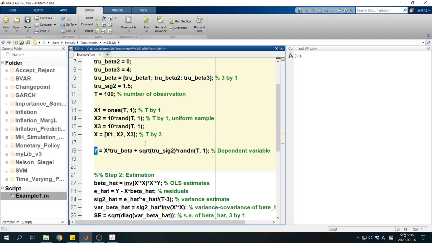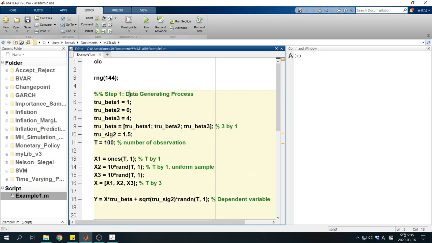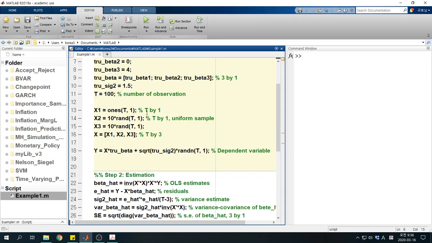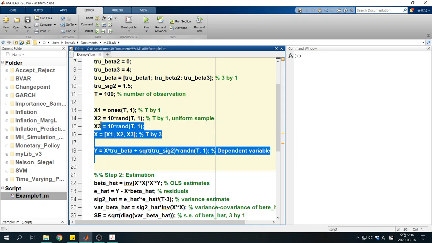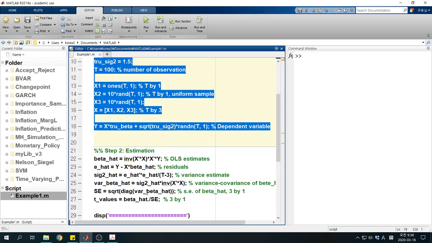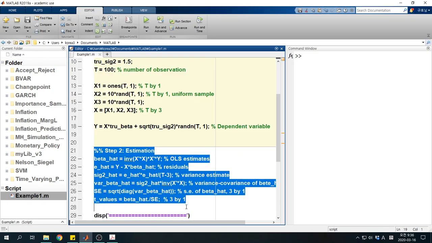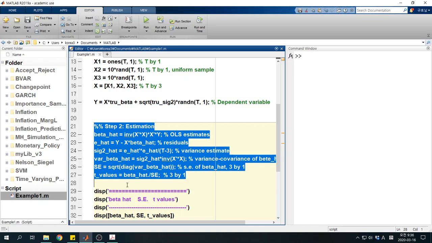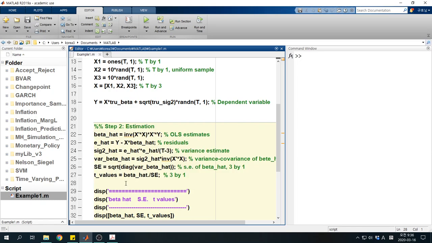This is the DGP for y. So whenever we say data, it means actually y rather than x, because it's the y generating process, right? Okay. So this is the area of God. This is the area of God, and from this point on, now we are human beings, which means we don't know the true parameters, right?